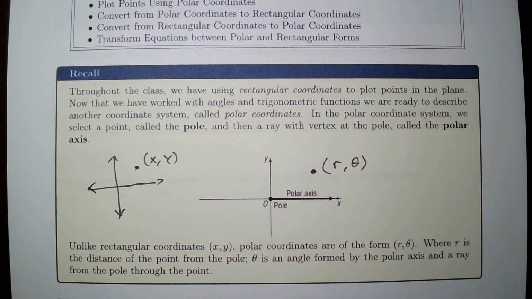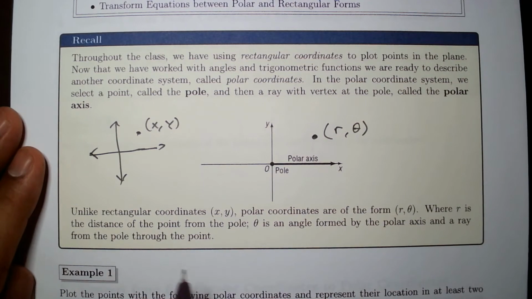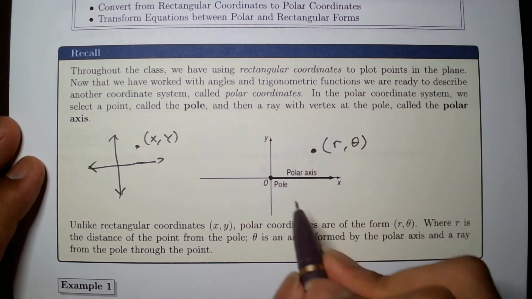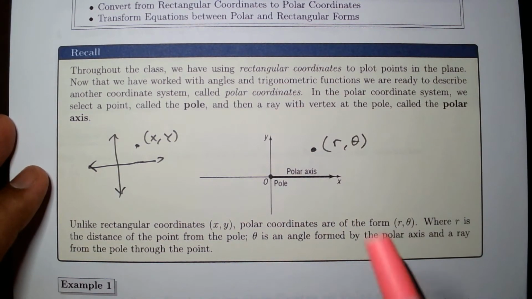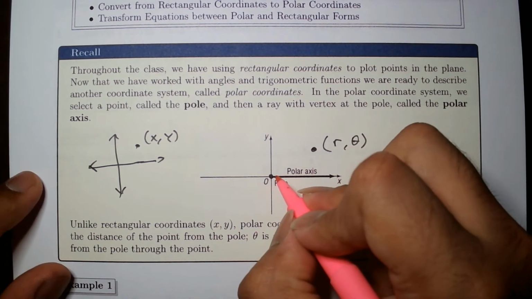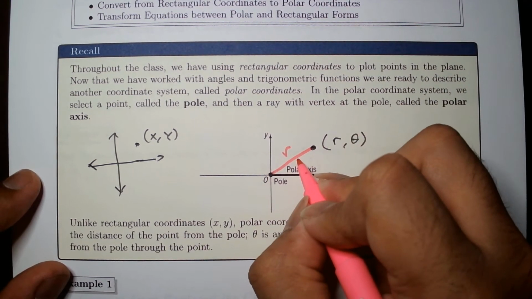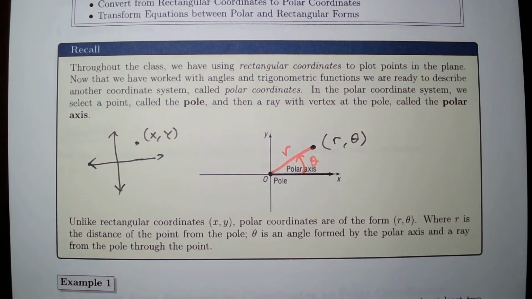Here r is the distance from the pole. The origin is called the pole, and the x-axis is the polar axis. So a point r, theta, an arbitrary point, has a radius r, and it extends to an angle theta.